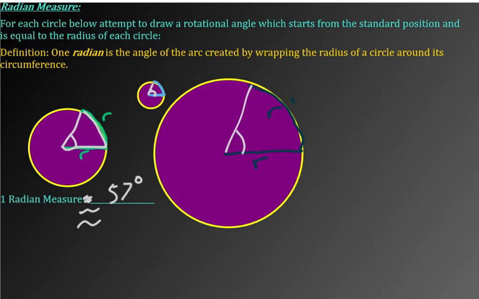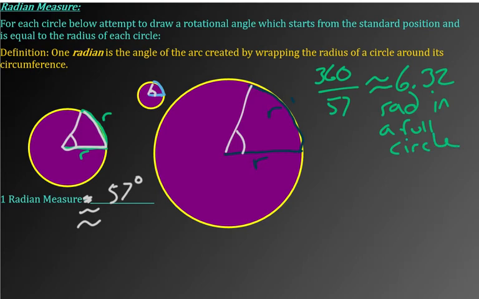And I want to make a little connection to something else here. We know there's 360 degrees in a full circle. If I divide that by 57, that should be how many radians I have, roughly. So there are 6.32 radians, which we abbreviate rad, in a full circle.